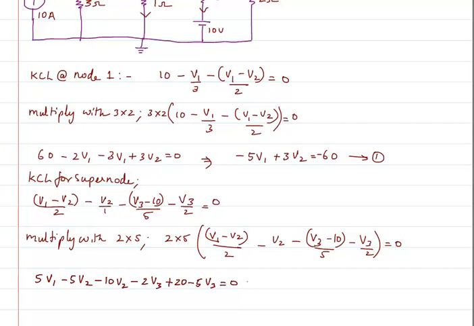From which I can get all V1, V2, V3 together. So I will get 5V1, then V2 totally I will get minus 15 V2, and V3 I am having minus 7 V3 is equal to minus 15. So this is going to be my second equation.